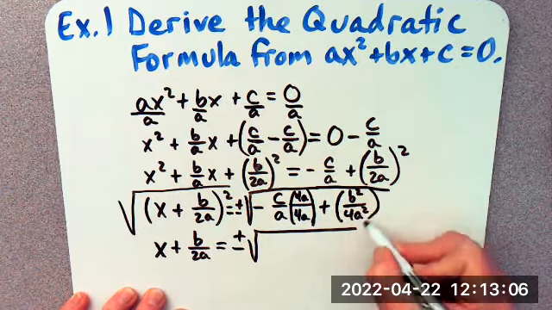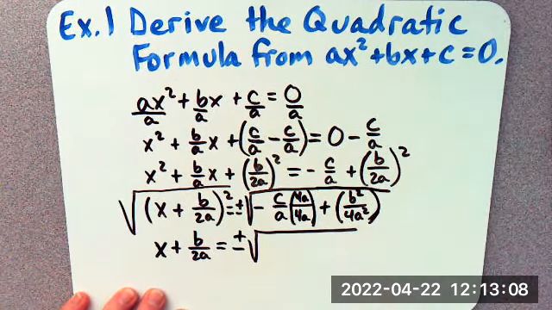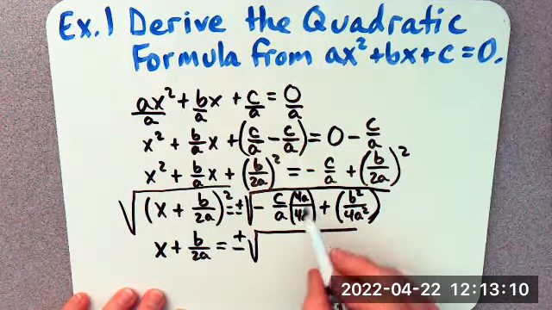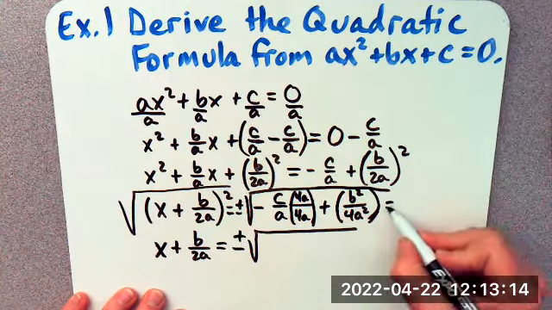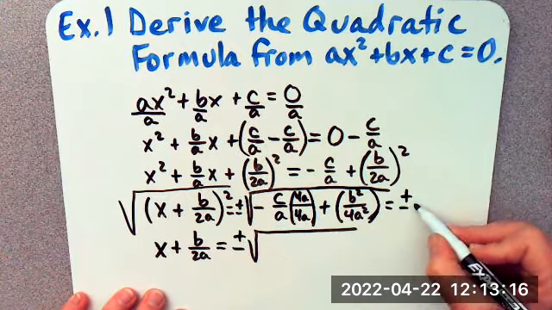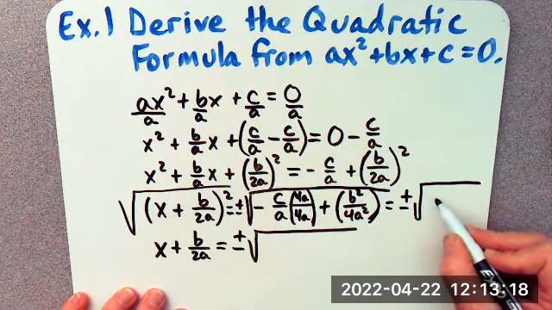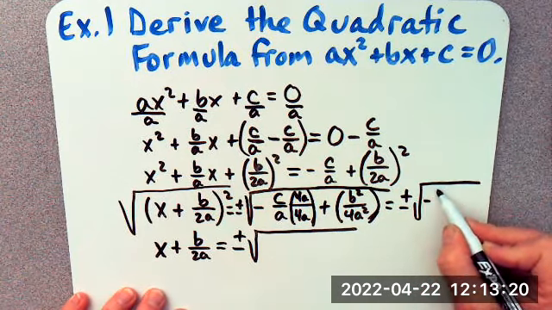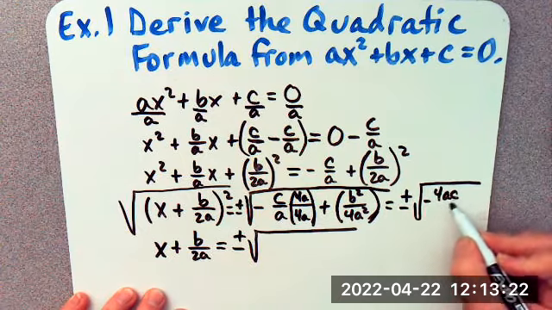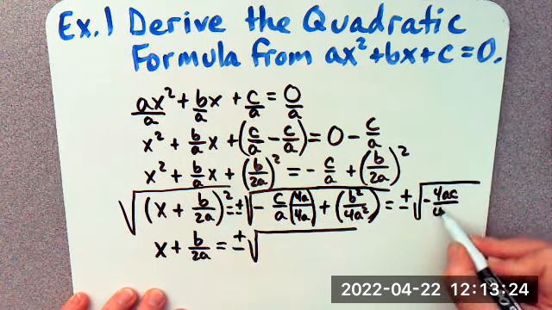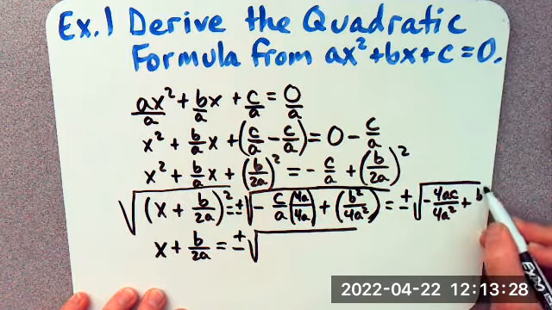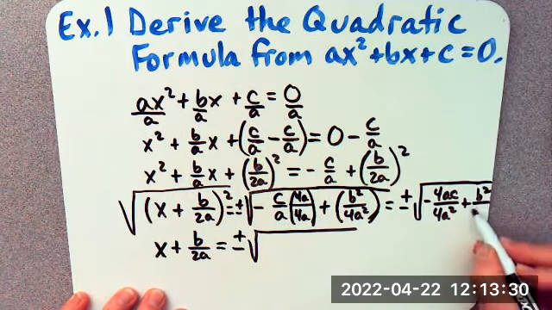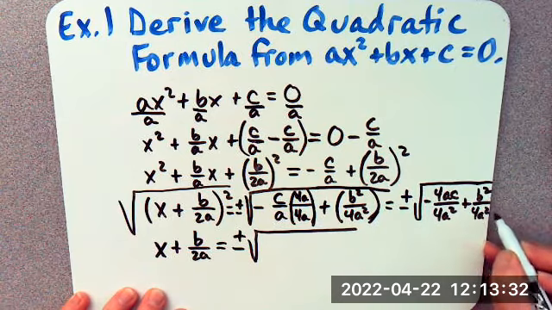All right. So now on the bottom, I have 4a. Let's rewrite this right here, plus or minus the square root. We have negative 4ac over 4a squared plus b squared over 4a squared.